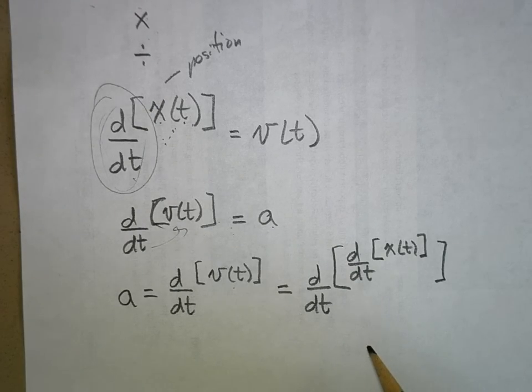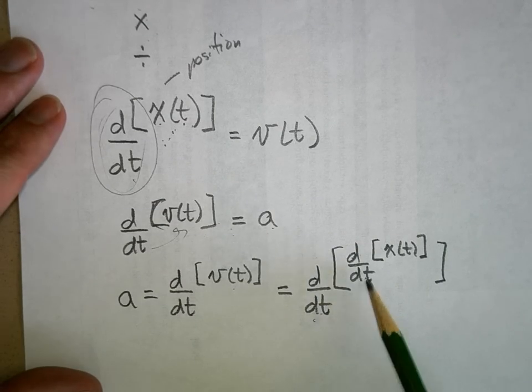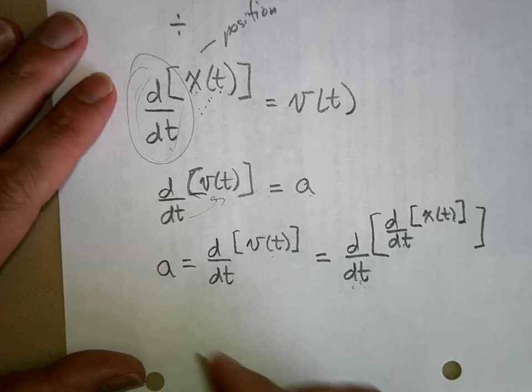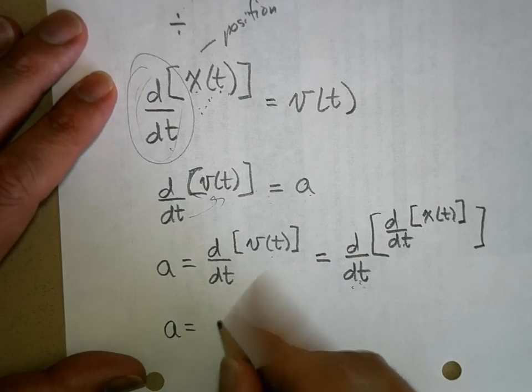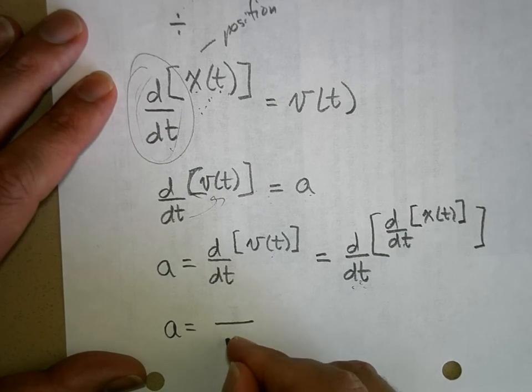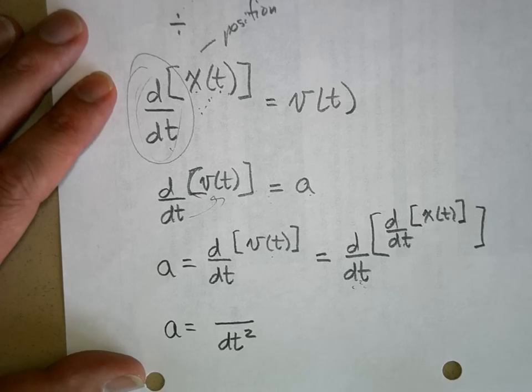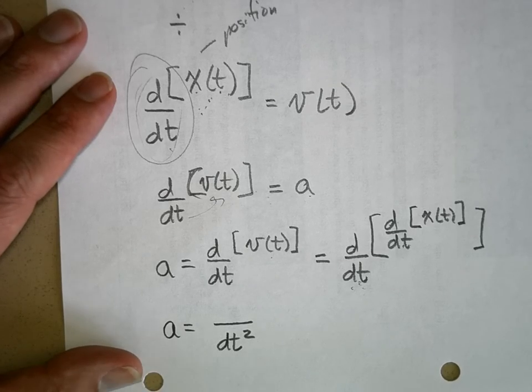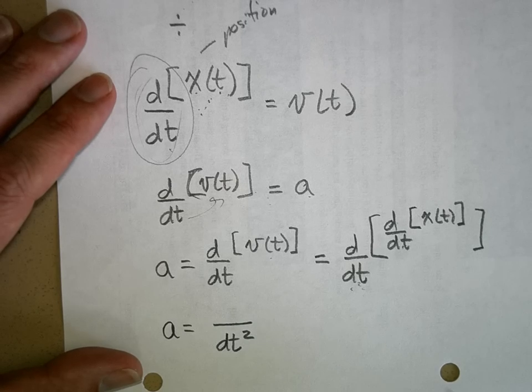And so, well, this is really awkward to write, isn't it? So what we do is we say, well, notice the dt is here twice. So we have a shortcut way of writing this. There's two of them, dt squared. And it actually is kind of like multiplying, as you will see. And then how many d's do I have here?